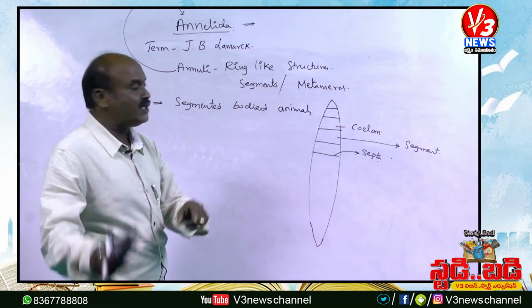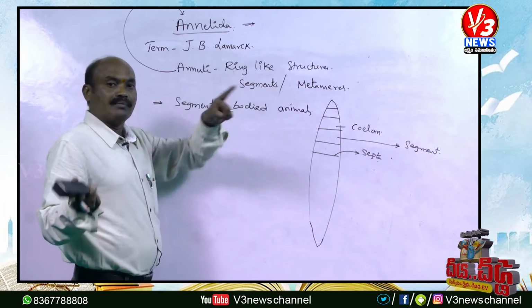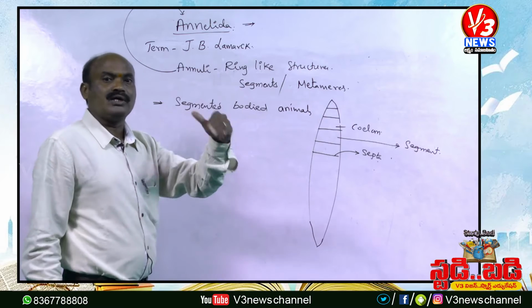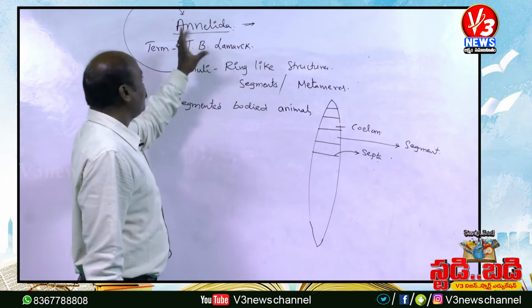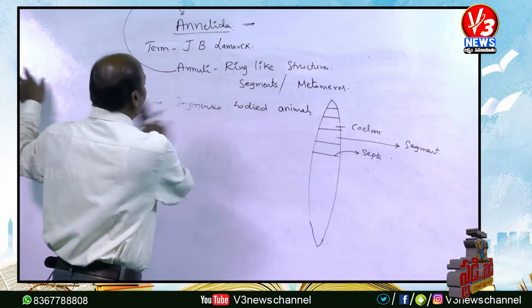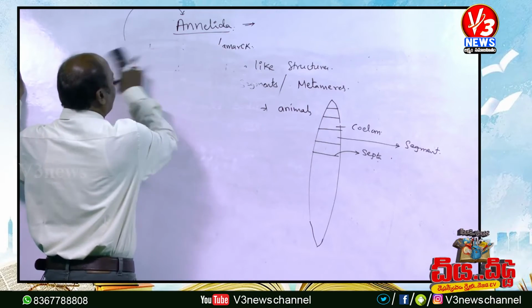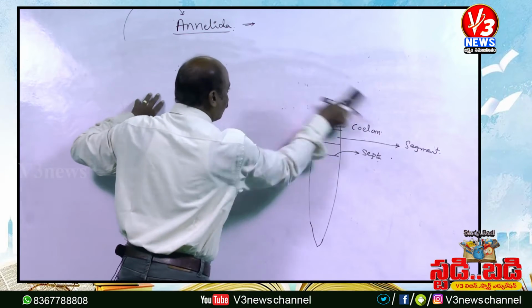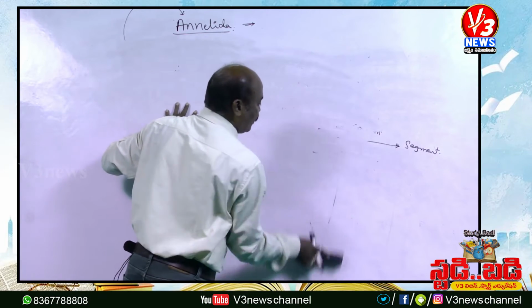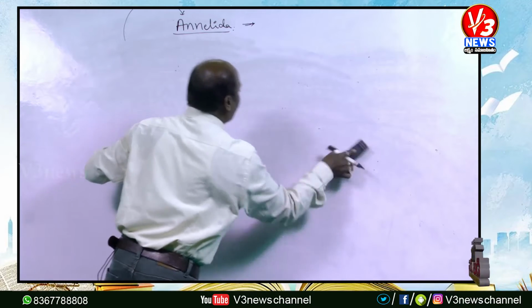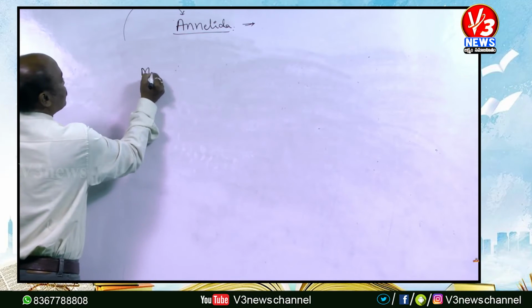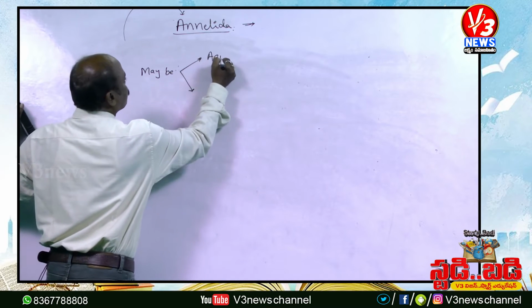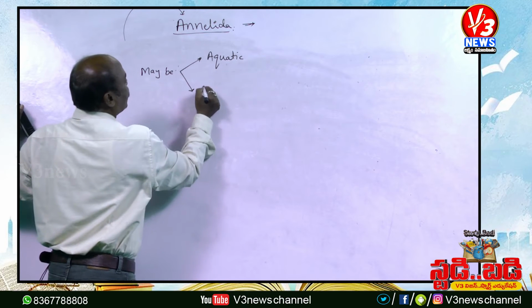So, this is the clarification about the phylum Annelida, who coined the term Annelida, and in what way the name was given to that group. Now, the annelids may be aquatic or terrestrial.